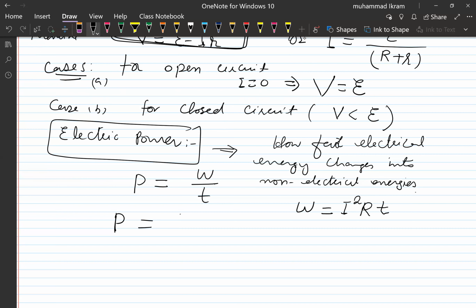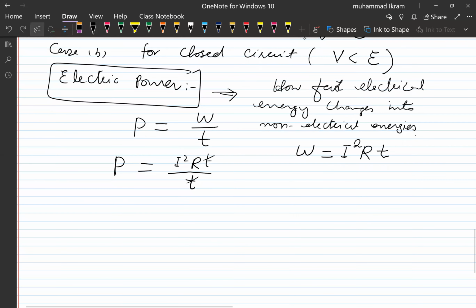So definitely it will be equal to I square R into T. You have already learned about the Joule law in the previous class, so I don't want to comment much on it. And what will be your power? Your power will be equal to I square R.